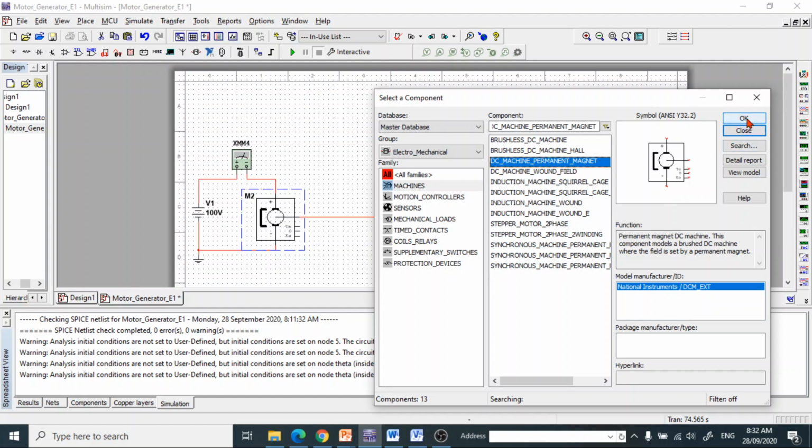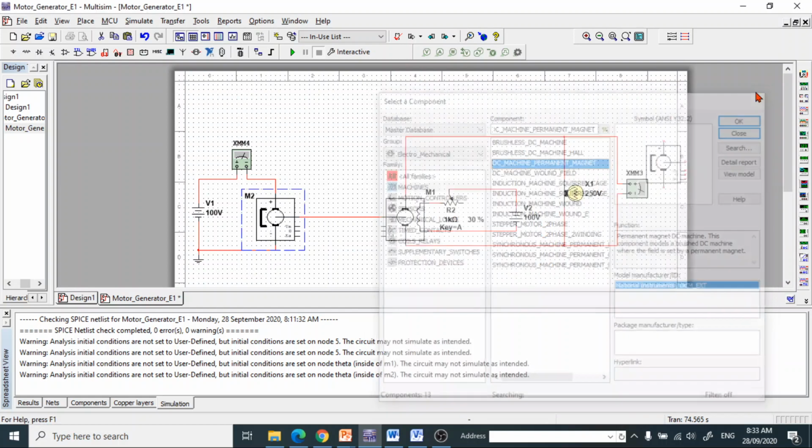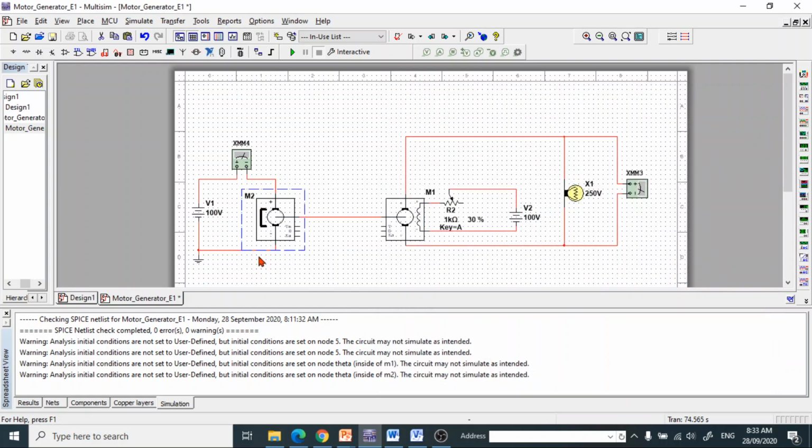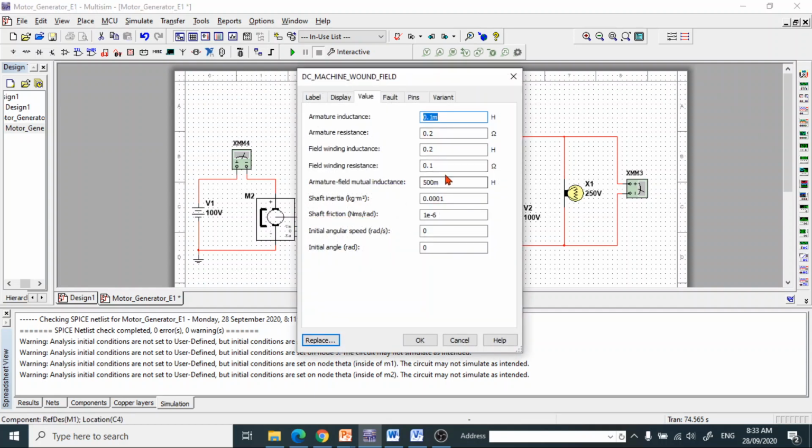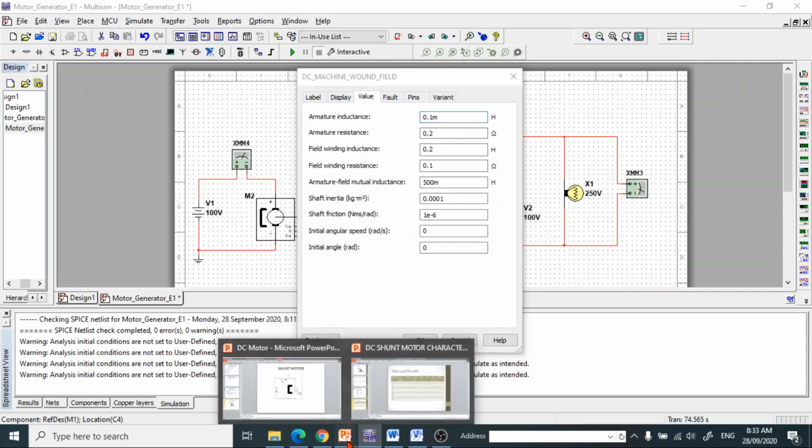After which you can press OK and then close. You will have this one. Connect it with the same process as what you've done in the previous experiments. Then couple the shaft of the motor to the shaft of the DC generator. For the DC generator, we'll see if the parameters are the same as with the given.